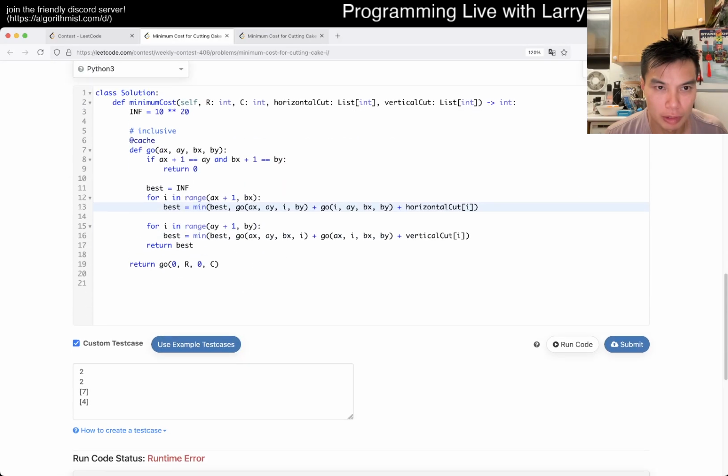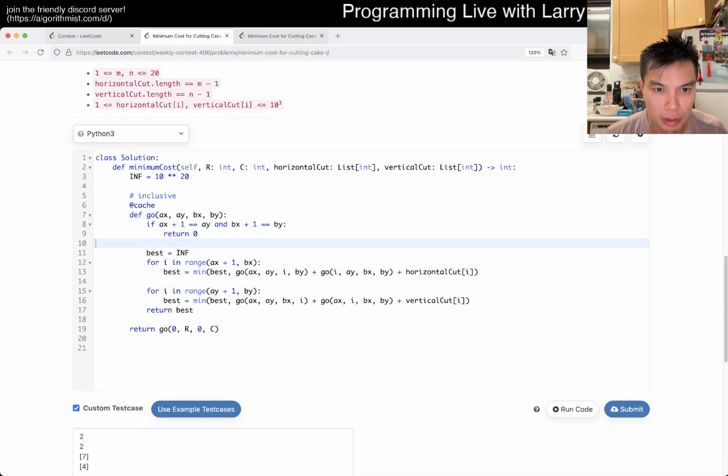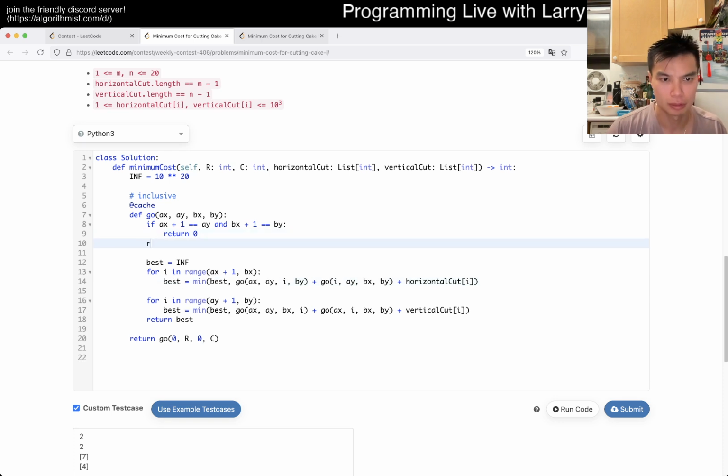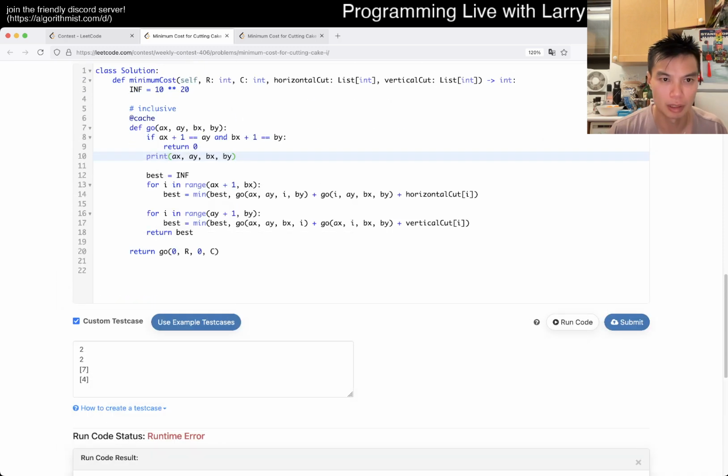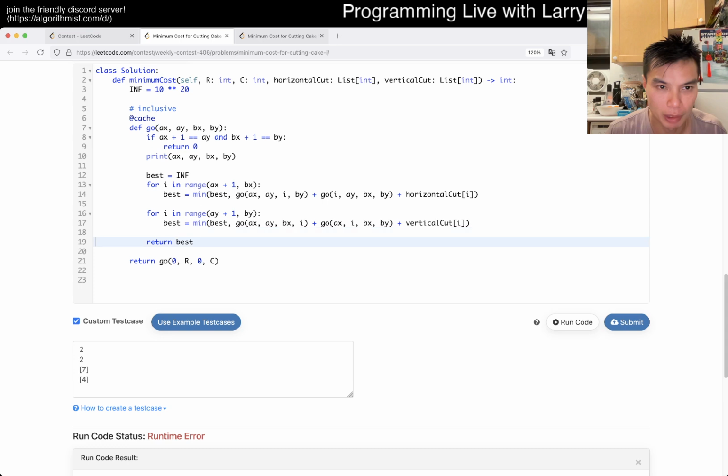So 0, 2, 0, 2. Okay, so it goes from 1. Should be an easy problem, but I don't know. So now this is for some reason recursing. Is that right? Am I off by 1? Probably.